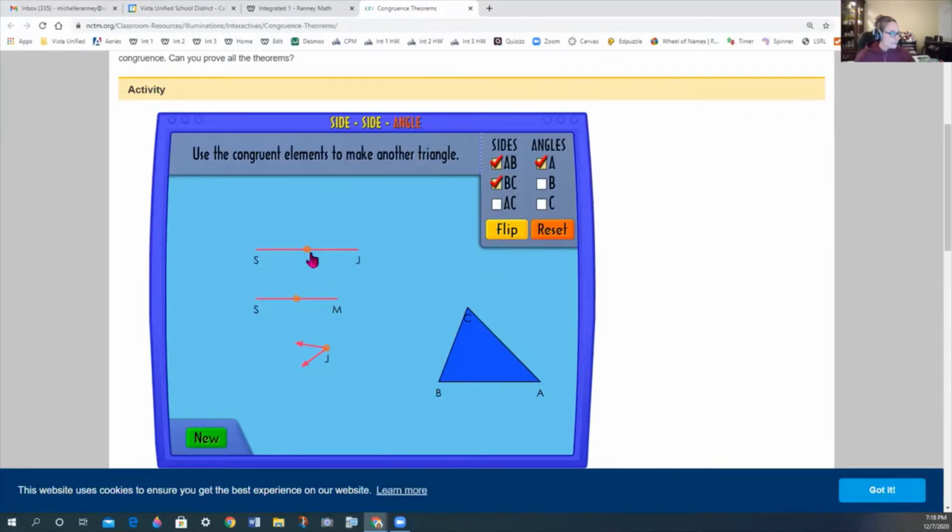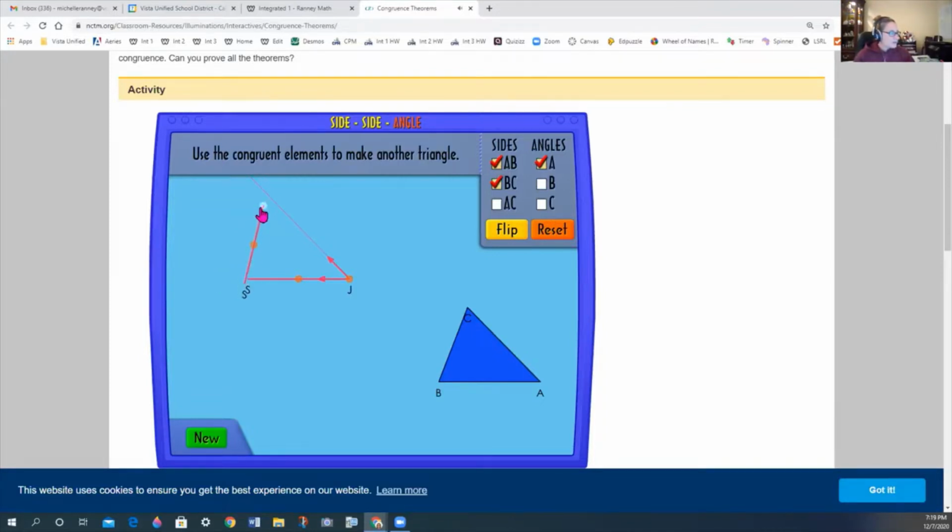Okay, so let me put my angle J here, and I'll do it the same direction that I had it here. Let me just move it down a little bit so we have a little more space. So there the ray continues forever and ever, and so let me put S here. Just move this a little bit.